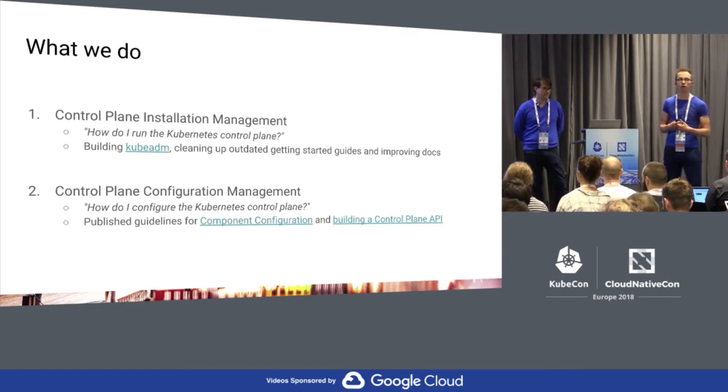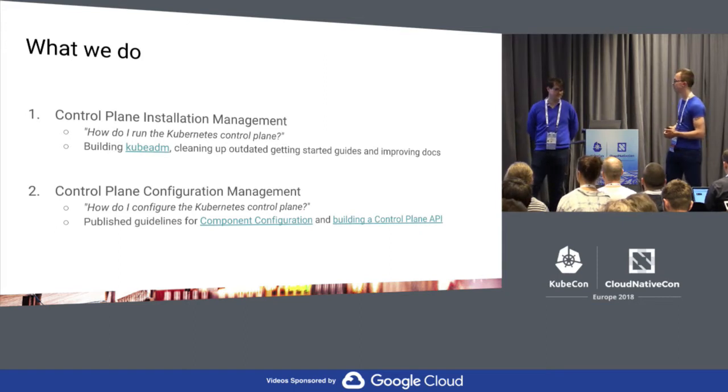So if I want to run the kubelet with a specific set of configuration, I can use command line flags, but I also can pass it a YAML file that is structured in the same way as any other Kubernetes object. And now we're also building a cluster API, which we'll talk more about later.